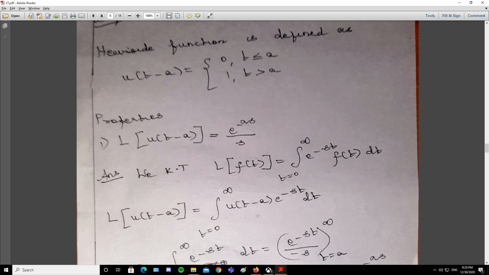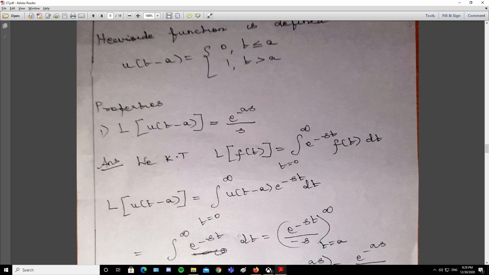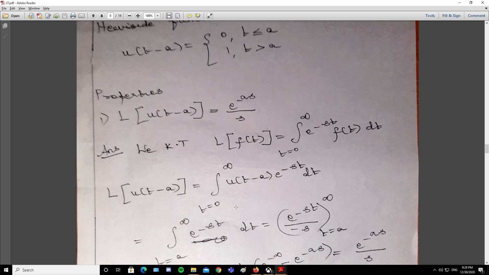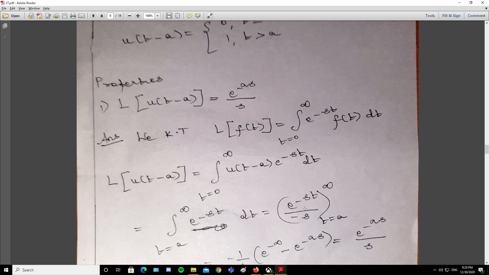Now how is the step function defined? It is 0 from 0 to a, and from a to infinity it is 1. So integral a to infinity 1 into e power minus st dt. What is the integral of e power minus st? It is e power minus st by minus s, from a to infinity.